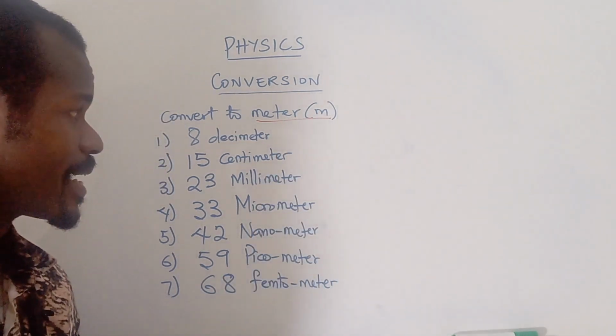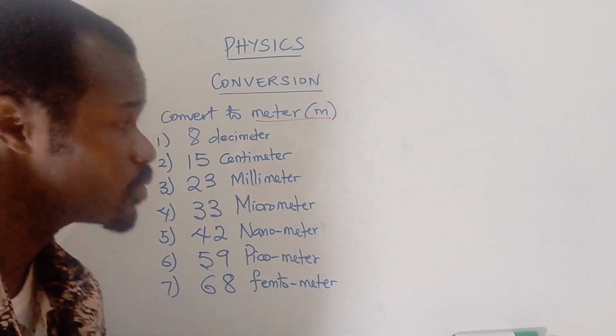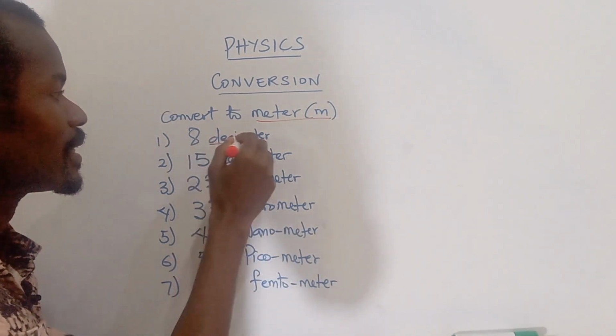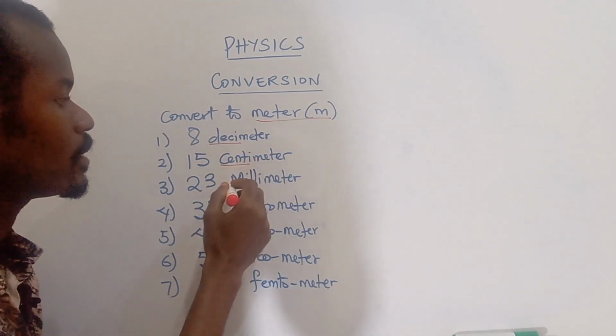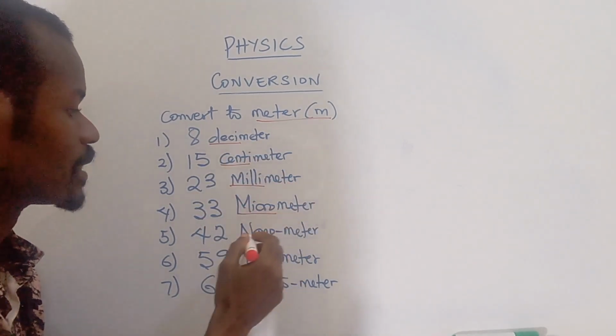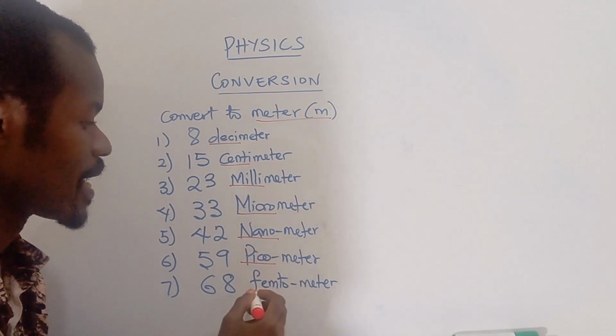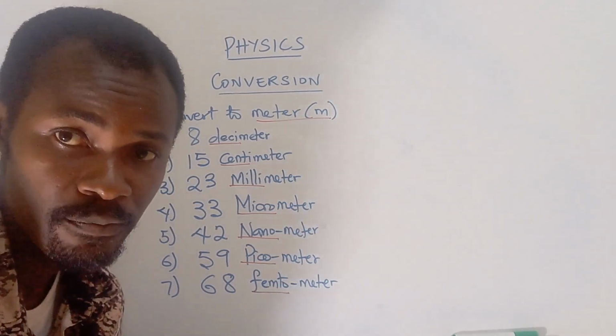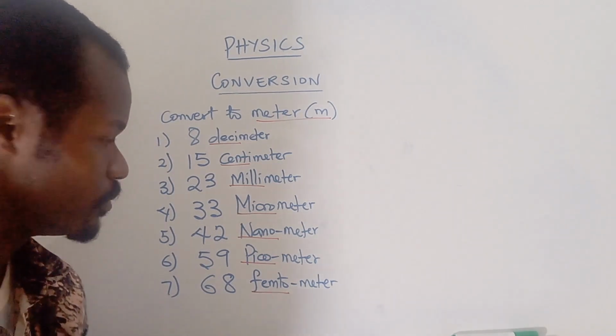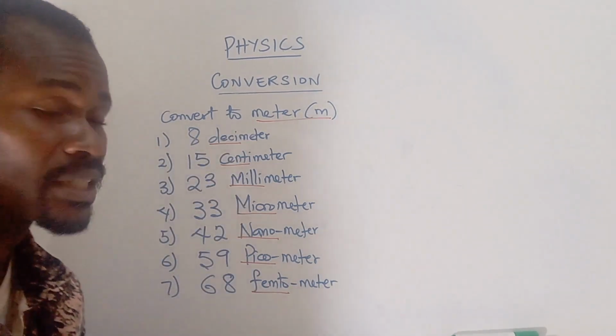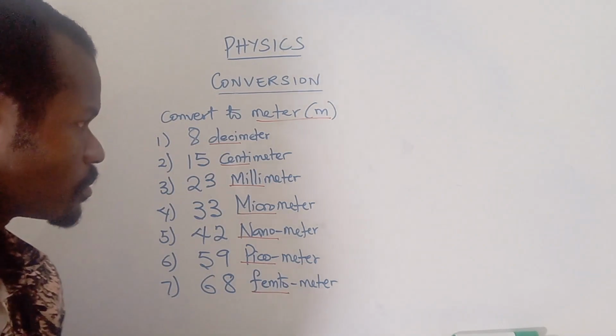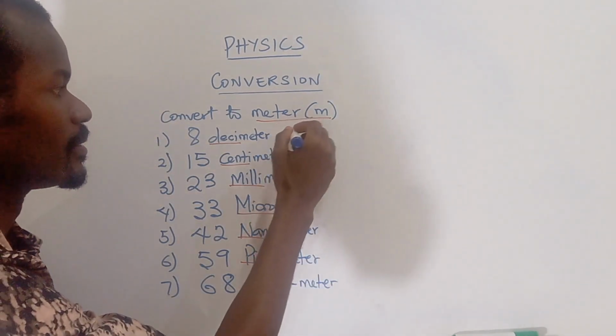So for instance, I have these sub-multiples: decimeter, centimeter, millimeter, micrometer, nanometer, picometer, and femtometer. So how do we convert the values in these units to meter?